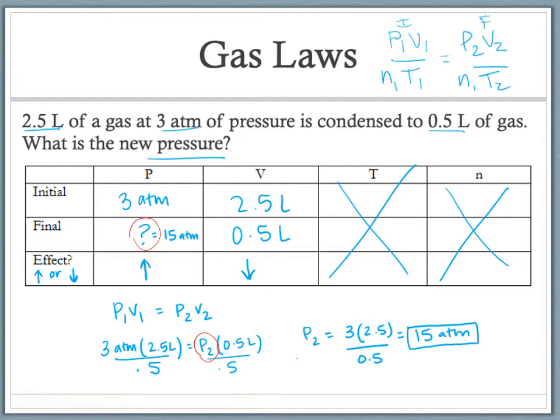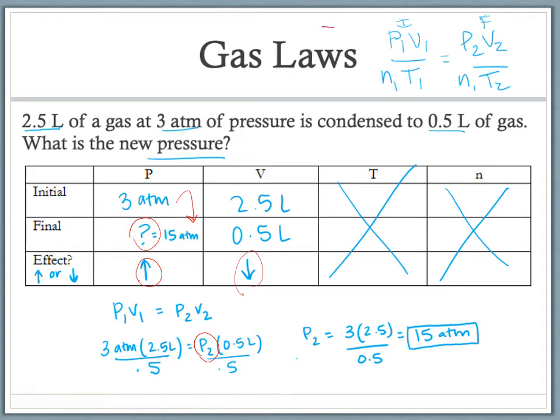In order to solve for P2, we divide both sides by 0.5, and we get that our new pressure is 15 atmospheres. Now look, we can use this as a check. We expected that because the volume went down, the pressure would go up, and in fact, it did.